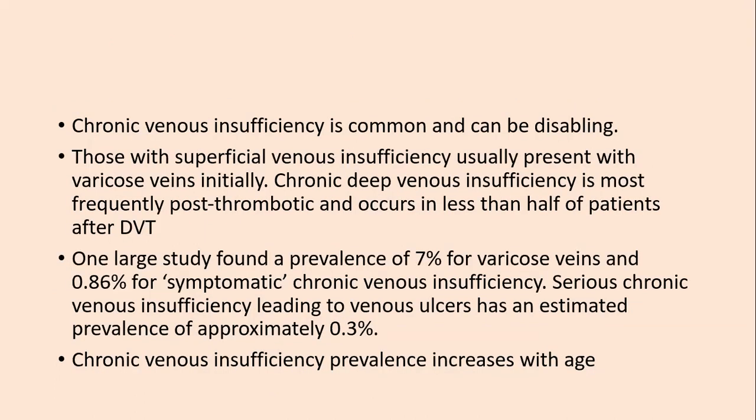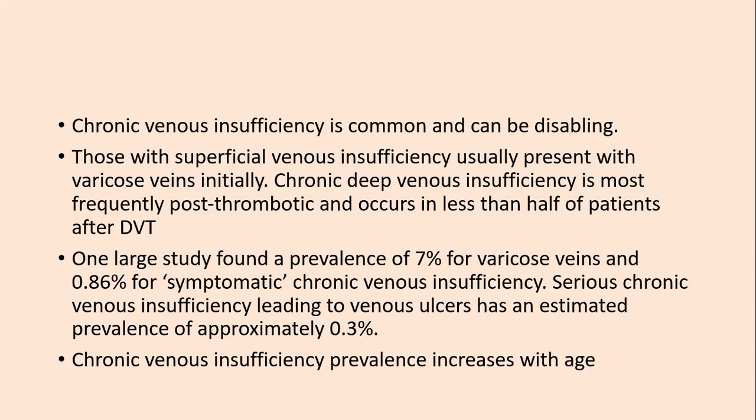Chronic venous insufficiency is common and is disabling. Those with superficial venous insufficiency usually present with varicose veins initially. Then chronic venous insufficiency is most frequently post-thrombotic and occurs in less than half of the patients after DVT.